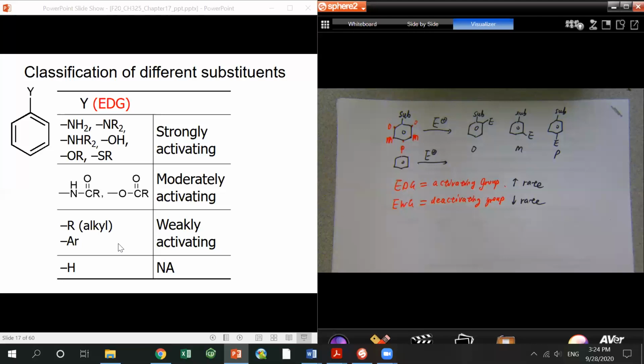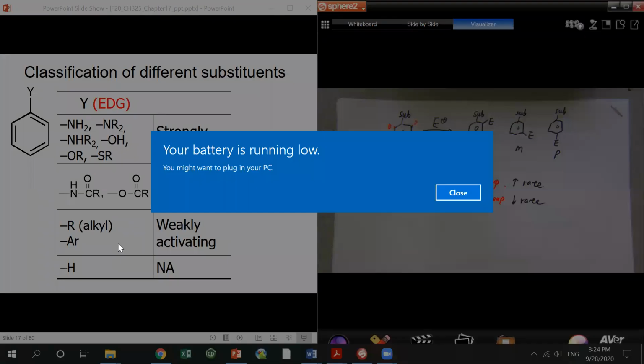Because they can somehow form hyperconjugation with the benzene ring. Remember we learned in the previous chapter the carbocation stability: tertiary is more stable than secondary, and more stable than primary. The reason for that is the sigma bond.